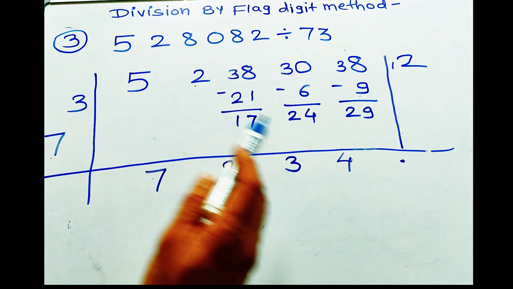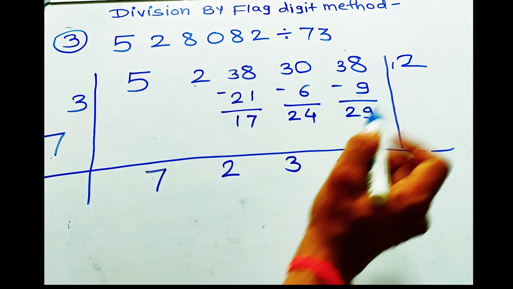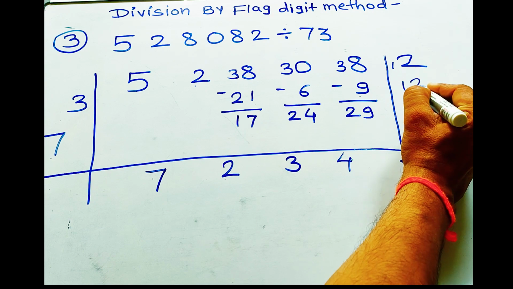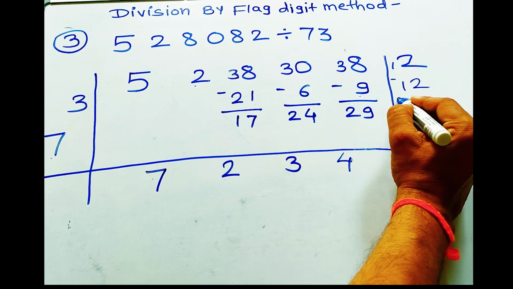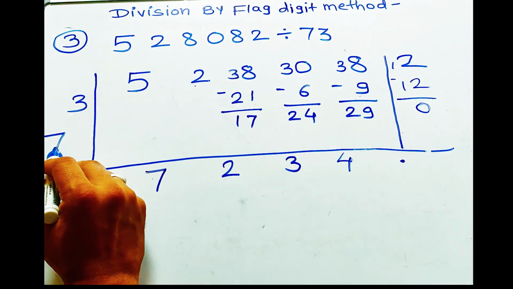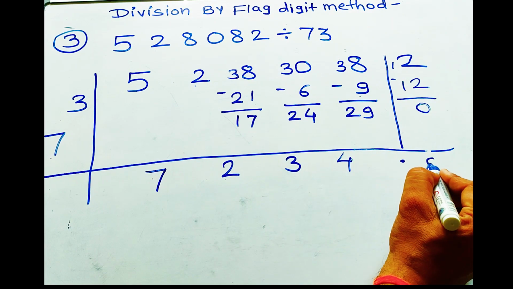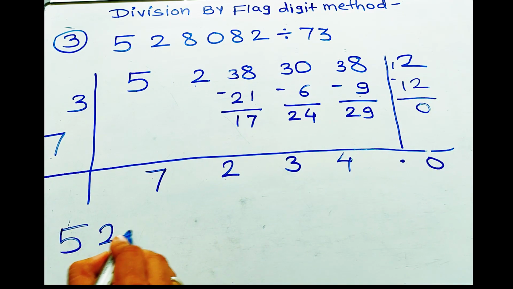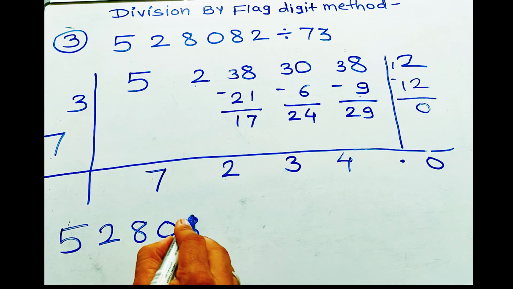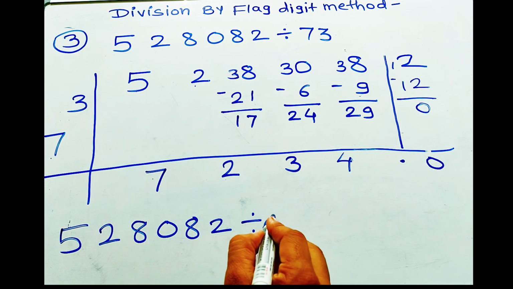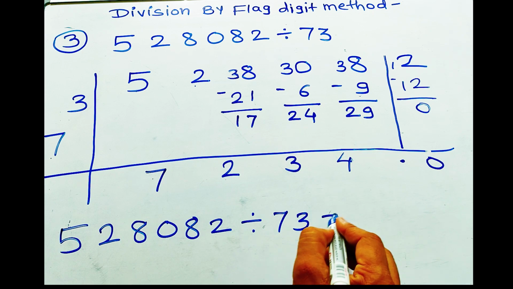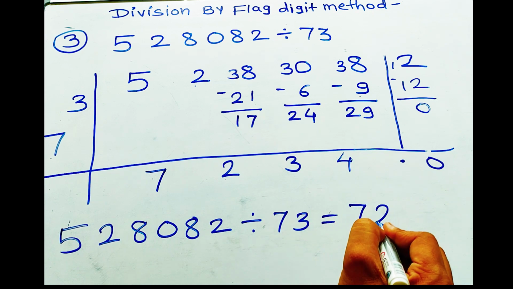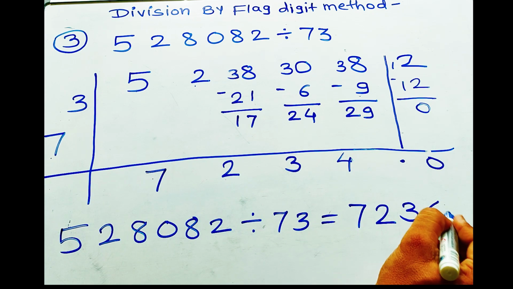Now 4 multiplied with 3, 4 3s are 12. Write 12 here. So 12 minus 12 is 0. 0 divided by 7 is 0. So our answer is 5,28,082 divided by 73 equals 7,234.